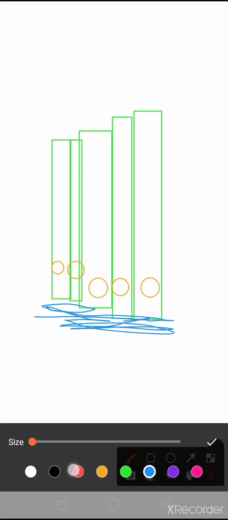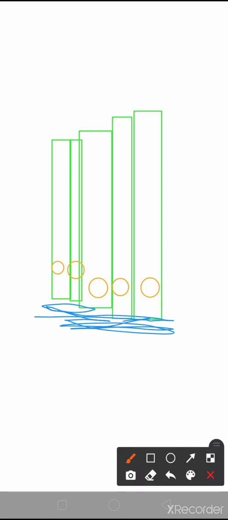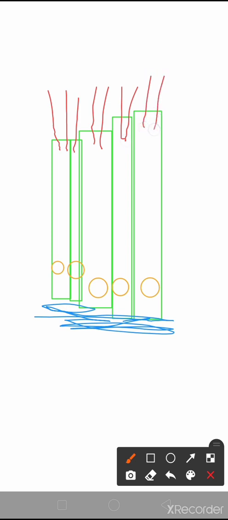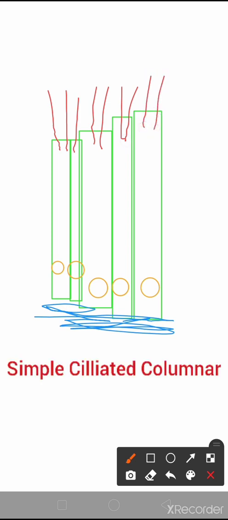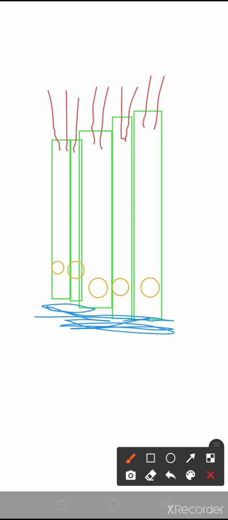In this case also the free surface may have cilia. When cilia is present on the free surface, it is known as simple ciliated columnar epithelial tissue, and this tissue is found in the fallopian tube of the female reproductive system, and it helps in the movement of the zygote towards the uterus after fertilization.